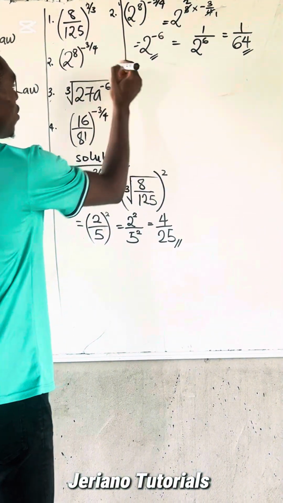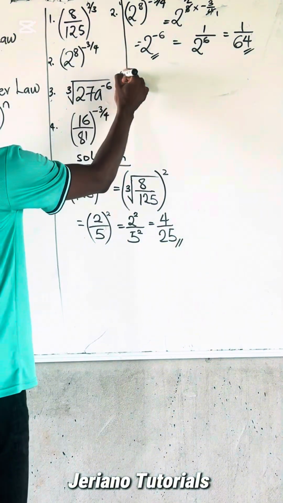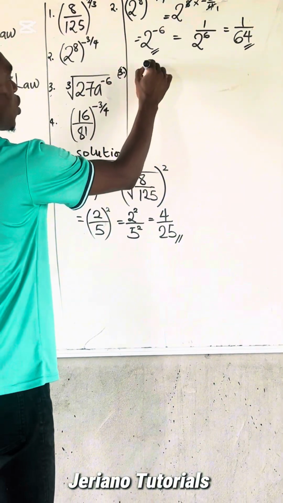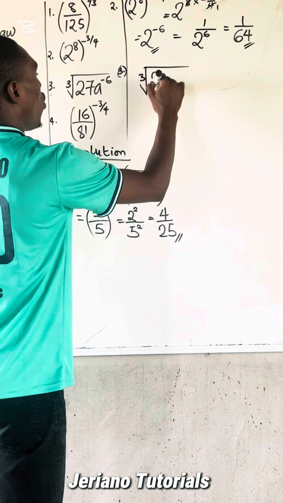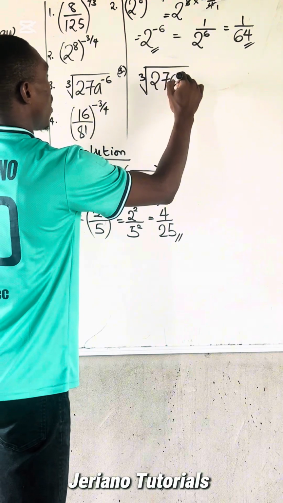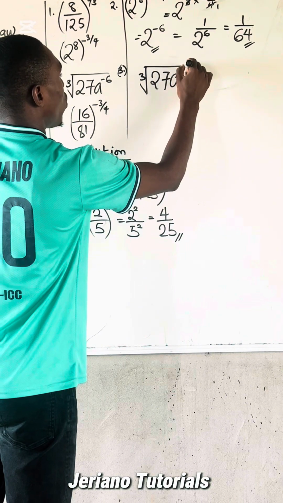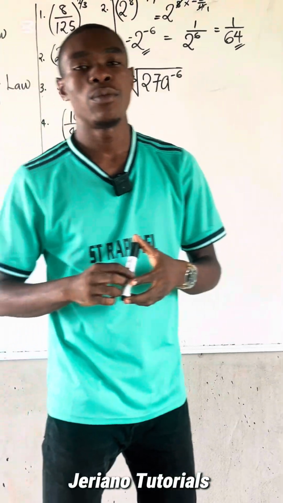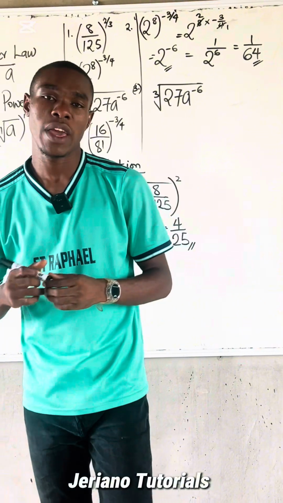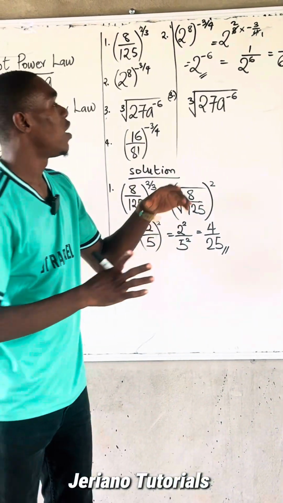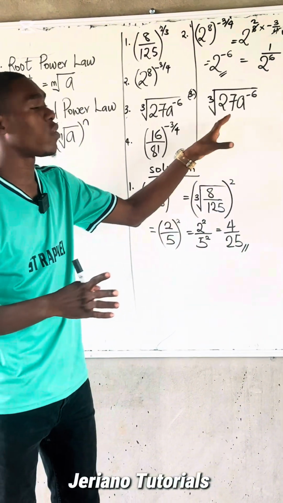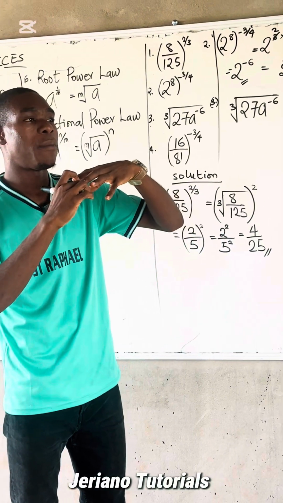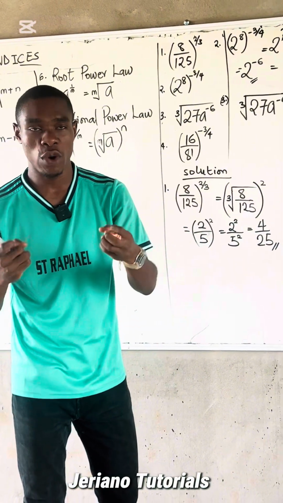For the third one, we have the cube root of 27a raised to the power of minus 6. One common mistake we make in mathematics is leaving our questions in a complex form where it's difficult to solve.